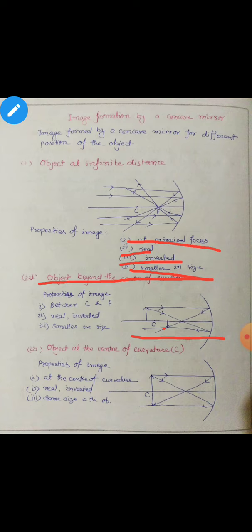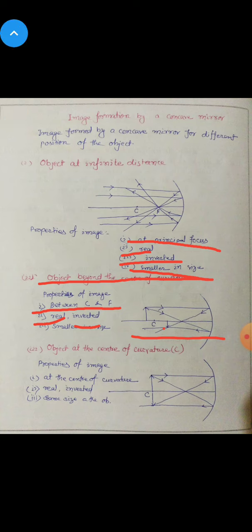So as shown in this figure, the image of the object is between C and F. Second, it is real. Third, it is inverted.